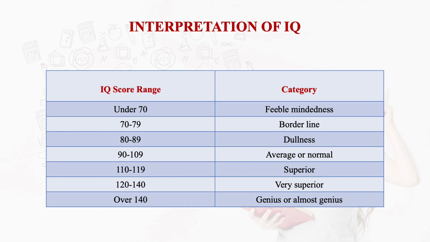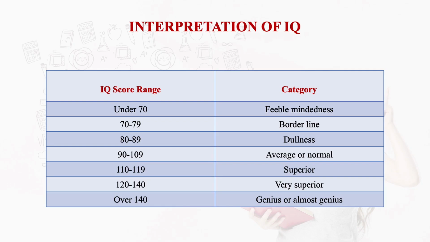Then further, so far as interpretation of IQ is concerned, we can say that for the intelligence quotient score range, if it is under 70, he or she will come under the category of feeble mindedness, and if it is within 70 to 79, then it is borderline. If it is 80 to 89, it is dullness.